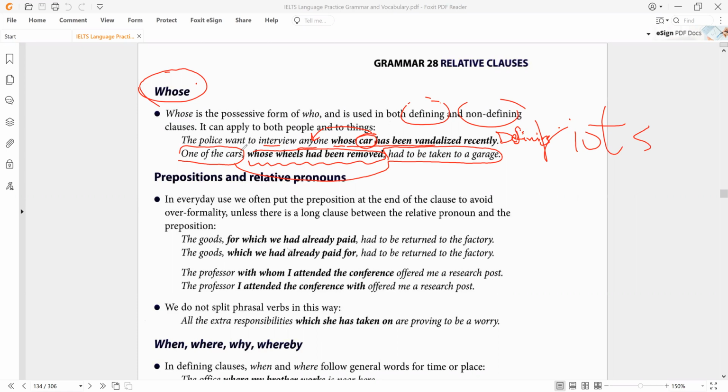I think the second one. You think the second one? Okay. Do you know why, Adil, you think the second one is easier? I don't know, but I think it's easy for me. Yes, pay, because for. Yes, this is less formal, and this one, for which, is more formal.